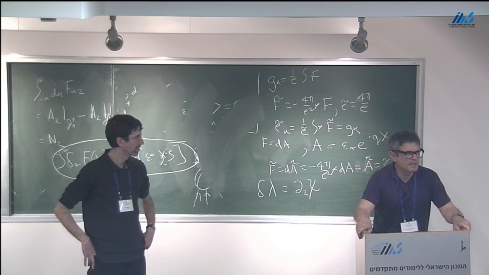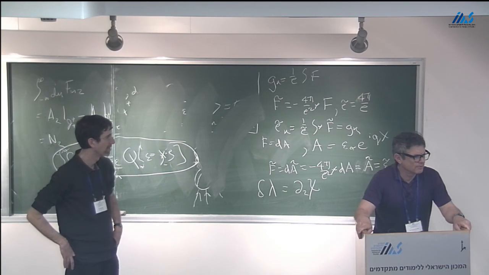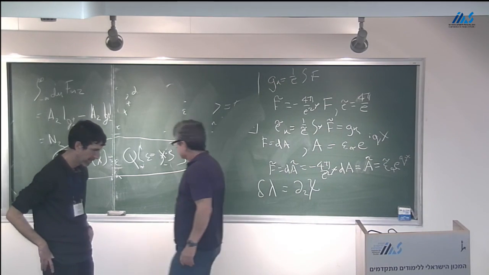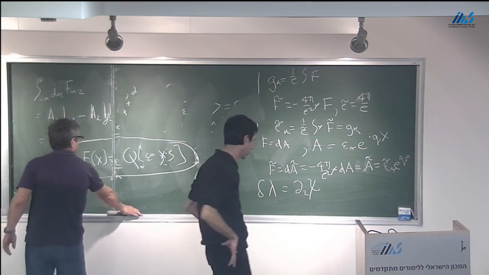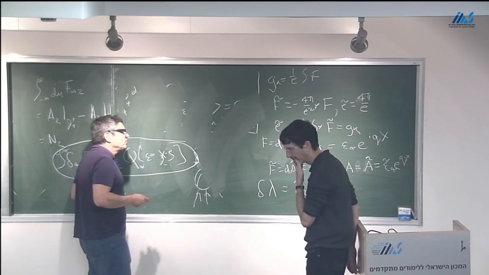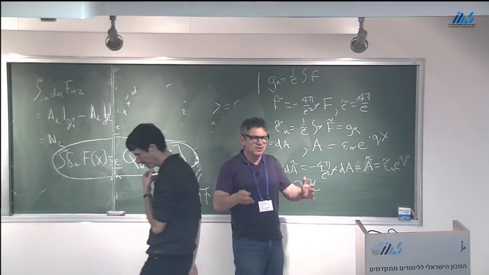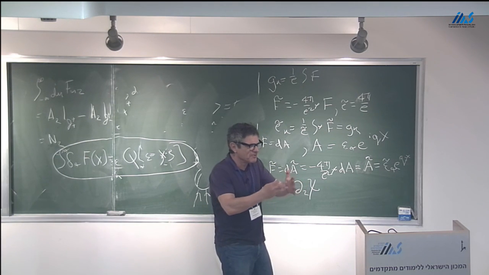You don't need to measure the dual photon. In generalizing Weinberg's theorem, I used the dual photon as a trick to avoid the long work of understanding how ordinary photons couple.